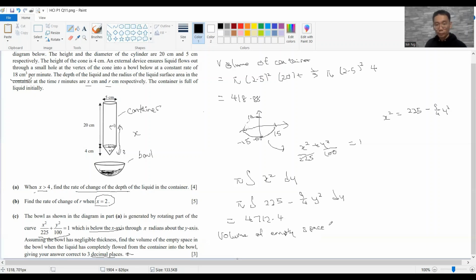Now the volume of the empty space will be 4712.4 minus, oh no, they say 3 decimal places, so I need to leave it in 4 decimal places. I might have lost my data.